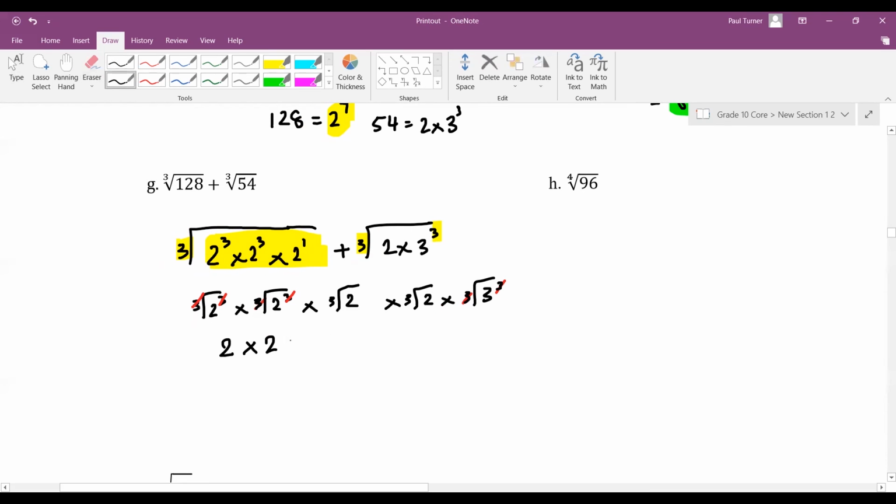Let's just do that again. So 2 times 2 times cube root 2 plus. So this should be plus here. Yeah, if you make it multiply, you get a completely different answer, won't you? So 2 cube root 2 plus 3 cube root 2.